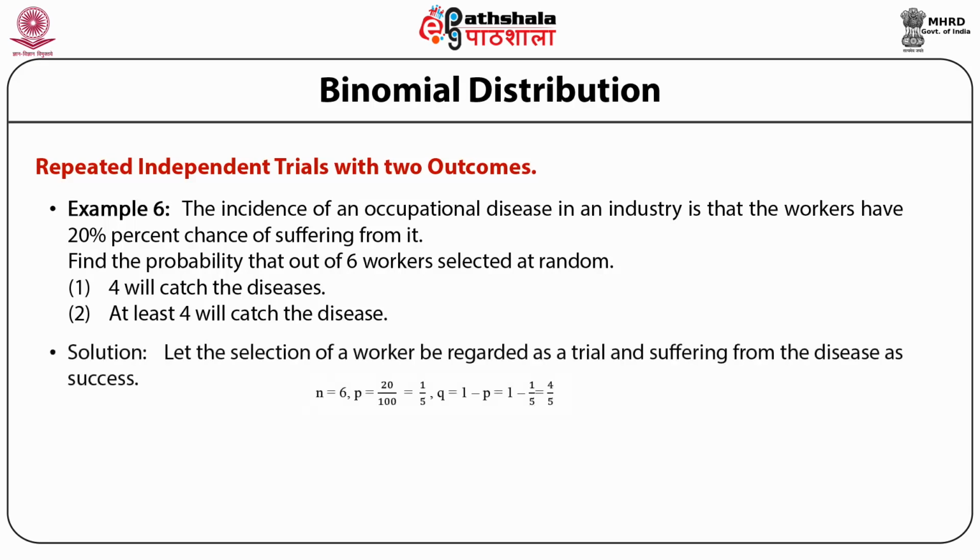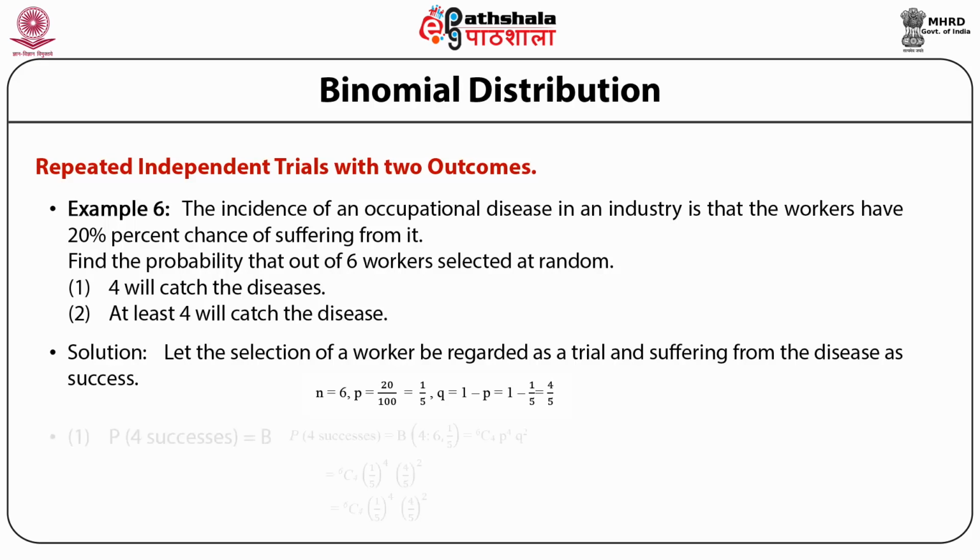Let the selection of a worker be regarded as a trial and suffering from the disease as success. If n denotes the number of trials, p the probability of success, and q that of the failure, then n as given is equal to 6, p is 20%, so 20 upon 100, q is 1 minus p, that is 4 by 5.